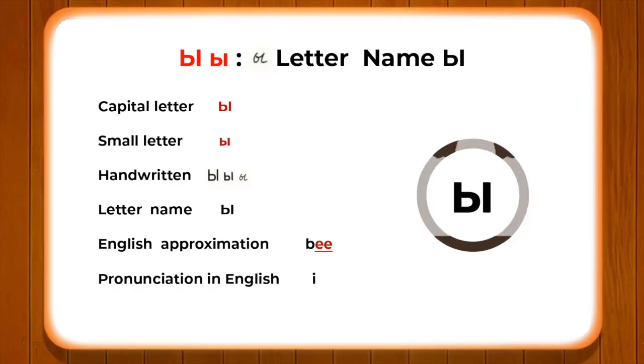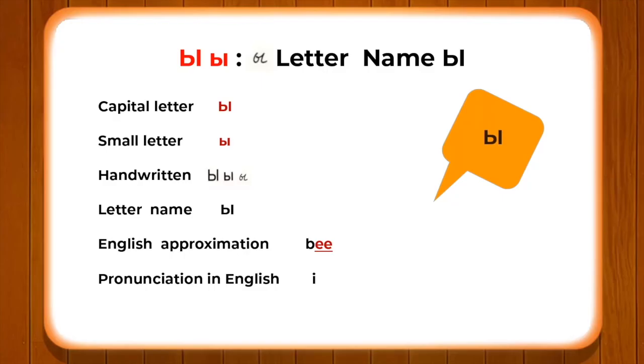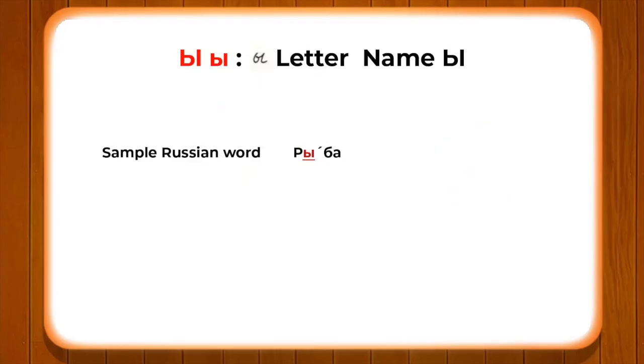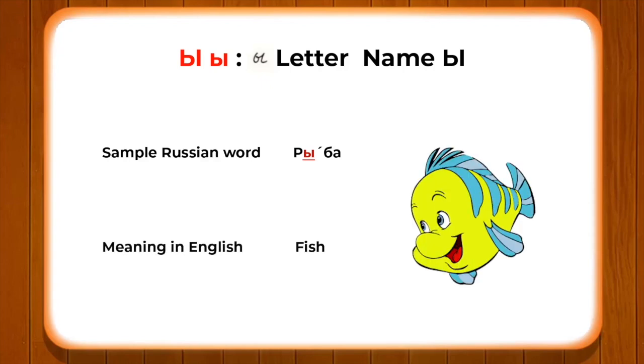However, it will be difficult to say that it has absolute resemblance, but just for the purpose of knowledge, so that our students understand the sound uy, as in we. But with the help of a sample Russian word, you can see that here we have used the letter in the Russian word ryba, which means fish.